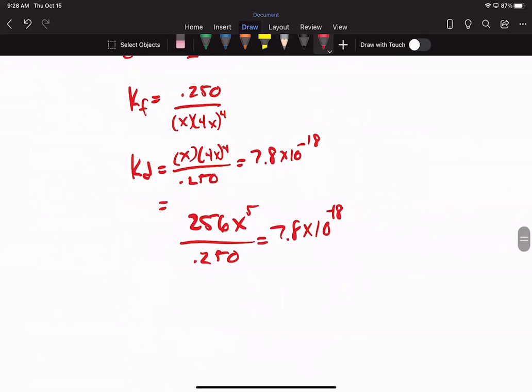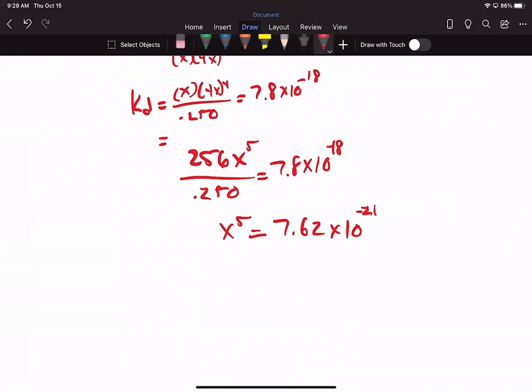If we do some math here, let's get x to the fifth by itself. It is 7.8 times 10 to the minus 18 times 0.250 divided by 256, which is equal to 7.62 times 10 to the minus 21.